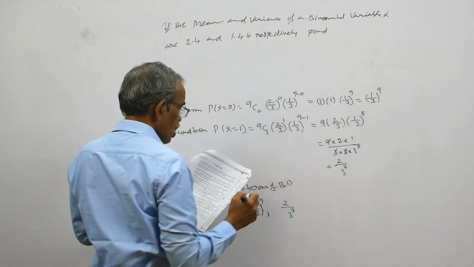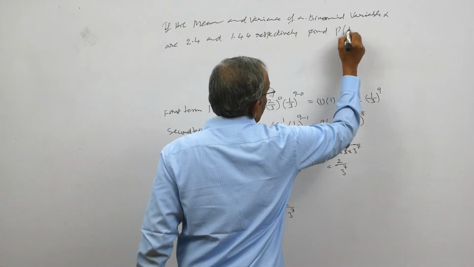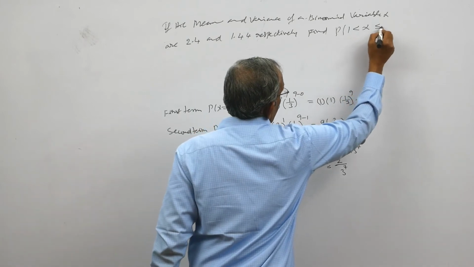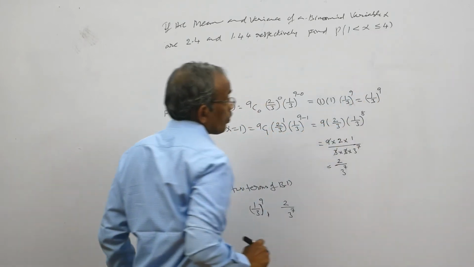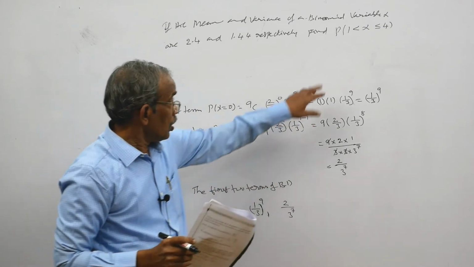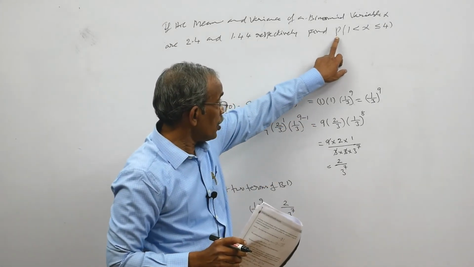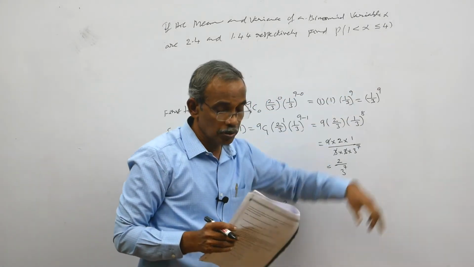Find probability of 1 less than x less than or equal to 4. Here we have to find the value of probability of 1 less than x less than or equal to 4.